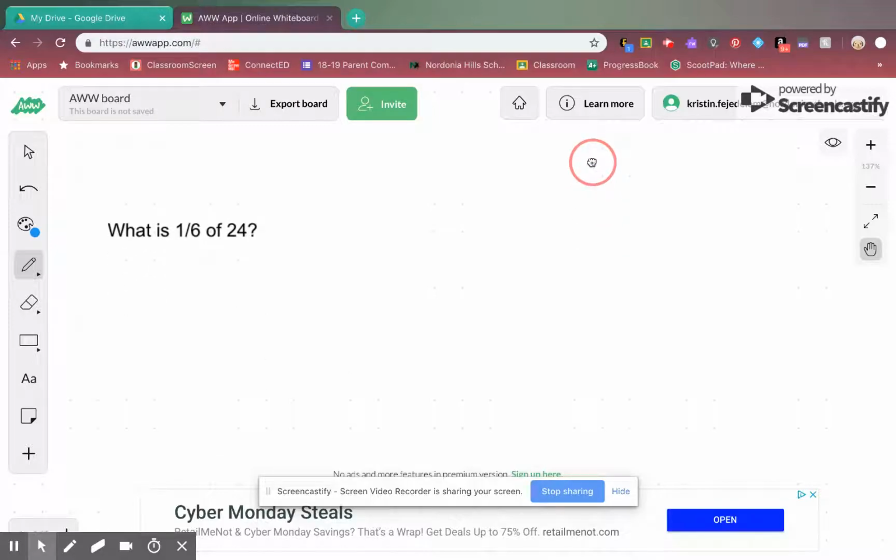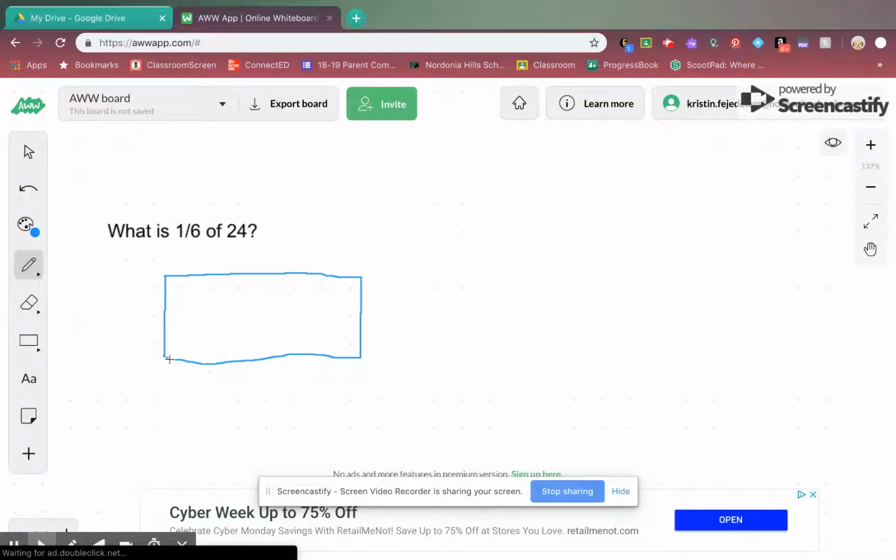Let's do what 1/6 of 24 is. So again, you are going to illustrate a rectangle. And this time, we're not breaking it in half because it wants to know what 1/6 of 24 is.